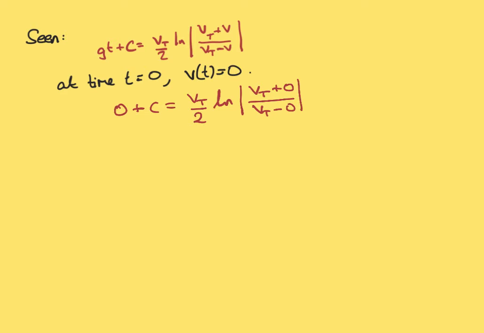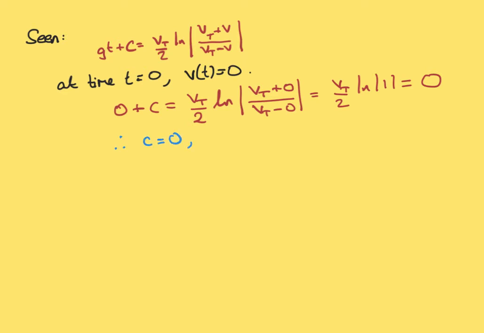This means that we have vt over 2 times the logarithm of 1, and we know that vanishes. So 0 plus c vanishes. The solution is that our integration constant is equal to 0.